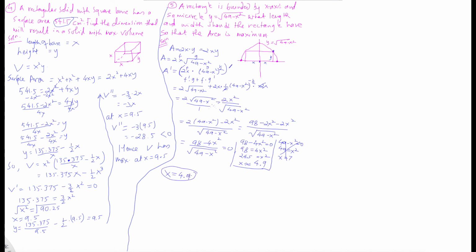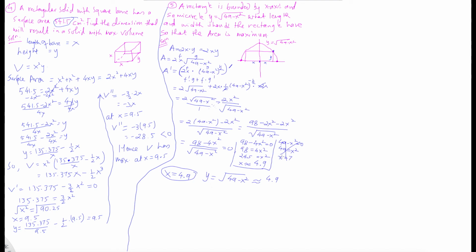So now you plug in to find y. y will be the root of 49 minus x squared. If you do that, you will get, let me write down here, almost equal to 4.9. That's what you get. Okay, now we are able to find the x and y values.